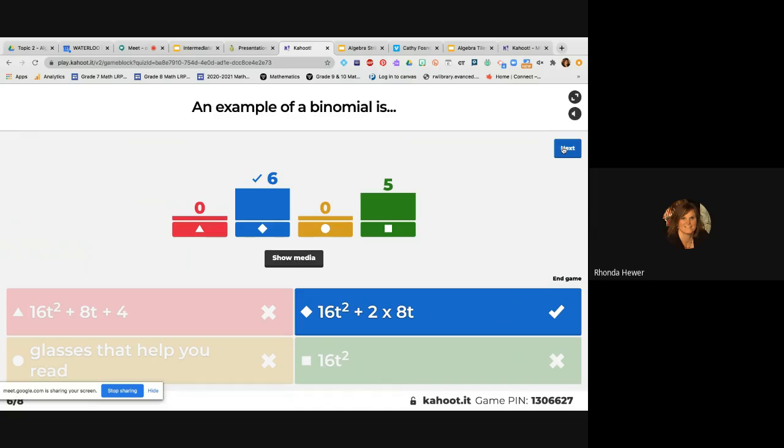In the case of blue, the degree does not matter. In the blue expression we see here, we have 16t squared, that's 1 term, and 2 times 8t, that's the 2nd term. So we have 2 terms. Green has a degree of 2, but it is a monomial because it's only 1 term. But the degree is 2 because the exponent is 2.